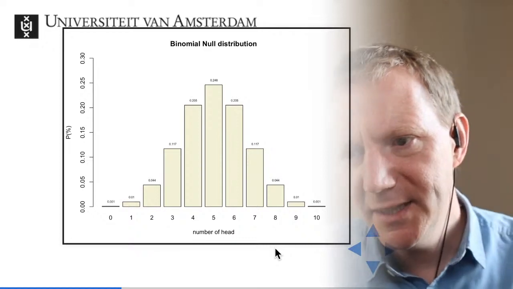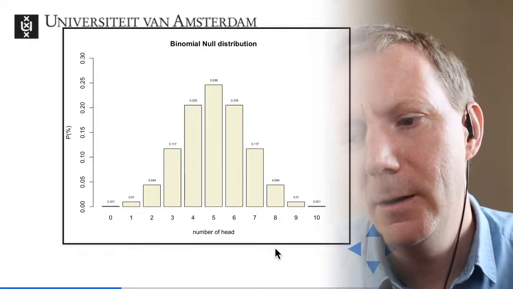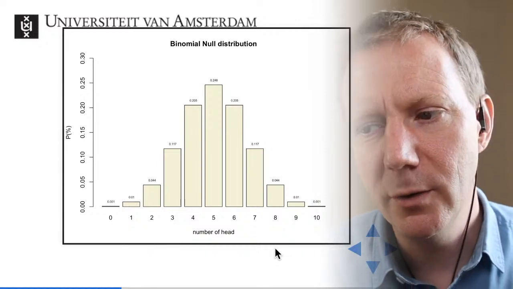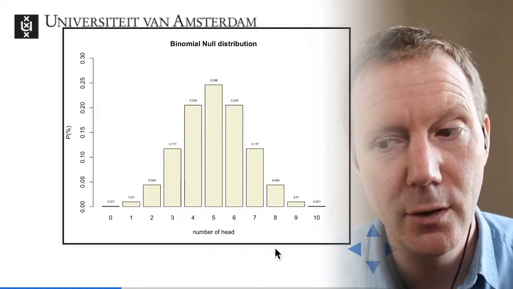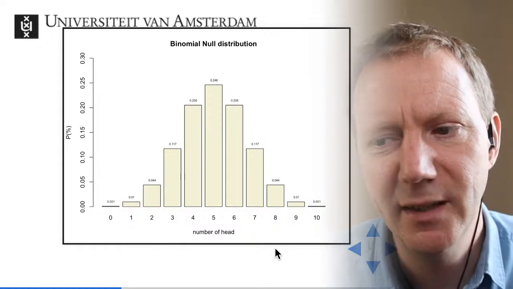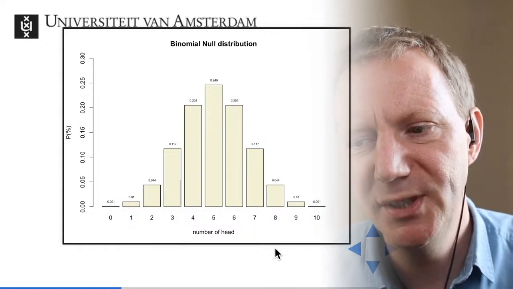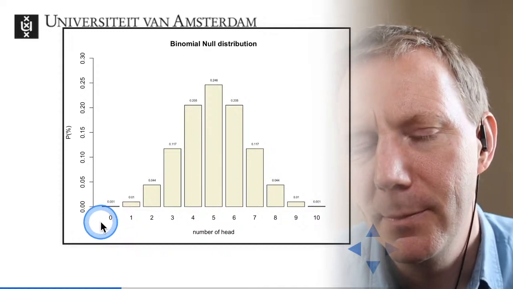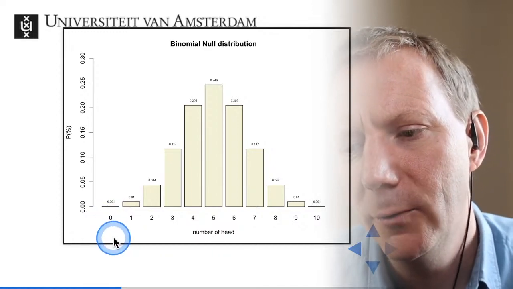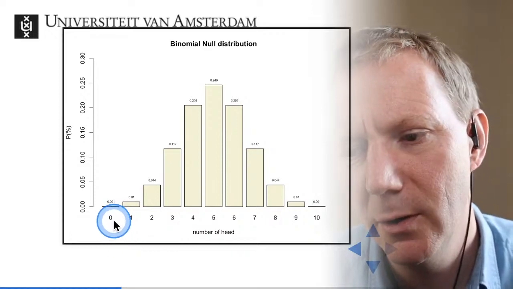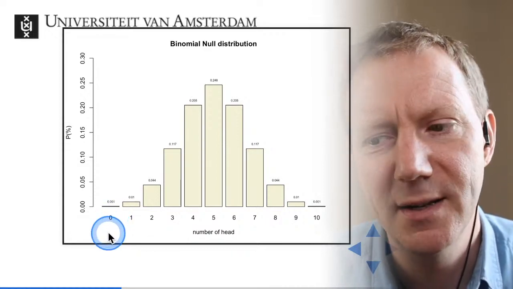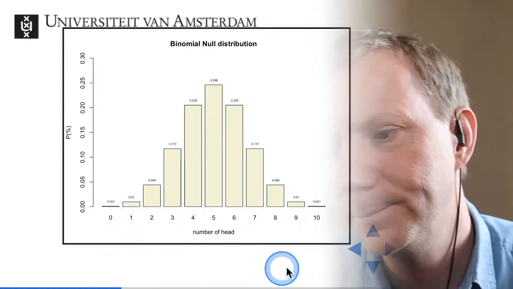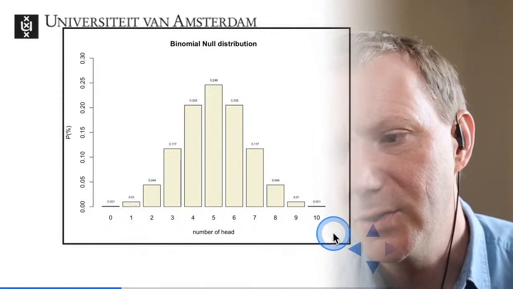So what we see here is that, of course, the most frequent observation when you throw 10 times is that you throw 5 times head. That's the expected value. And we can also see that there are outcomes that are quite rare. It's quite rare to throw 0 times head, or 1 time head. And 9 and 10 is also rare.